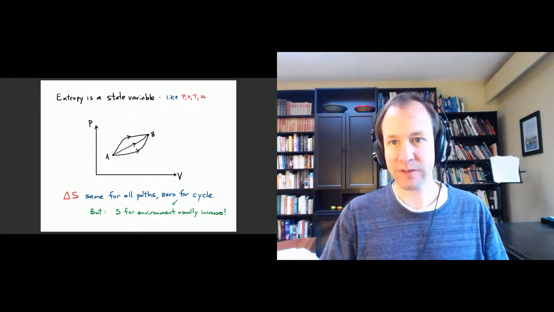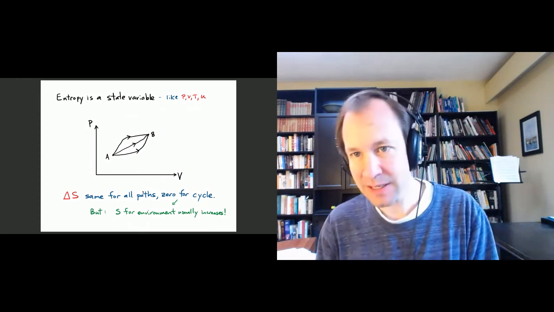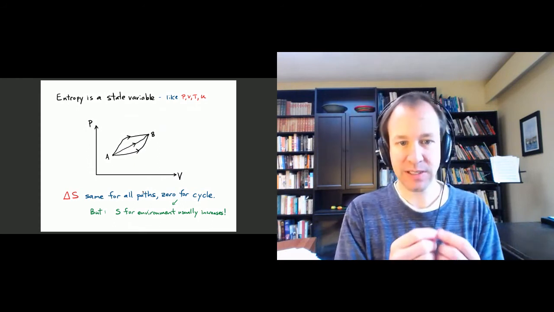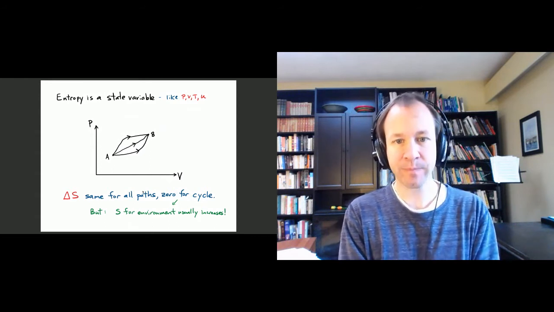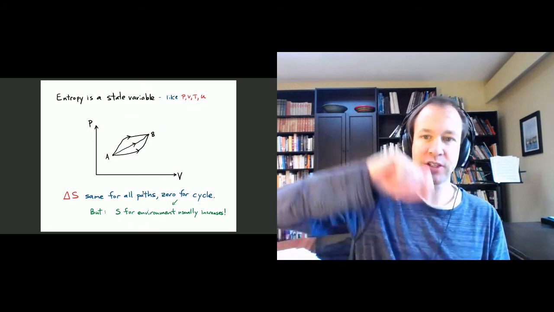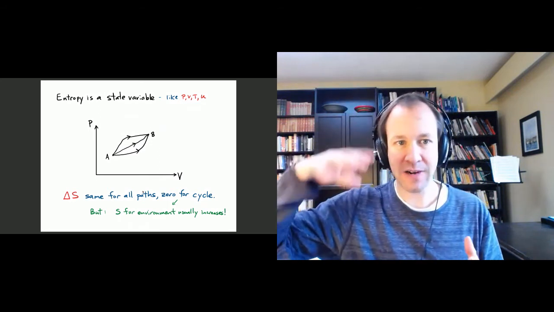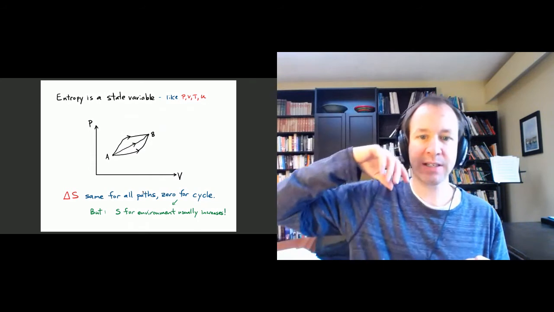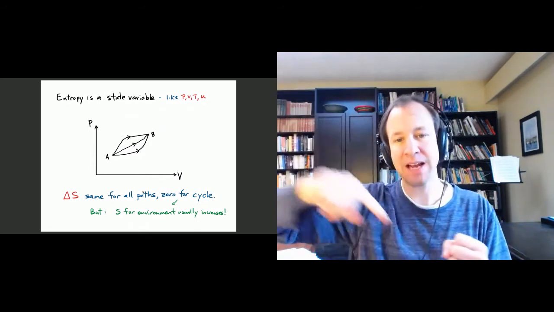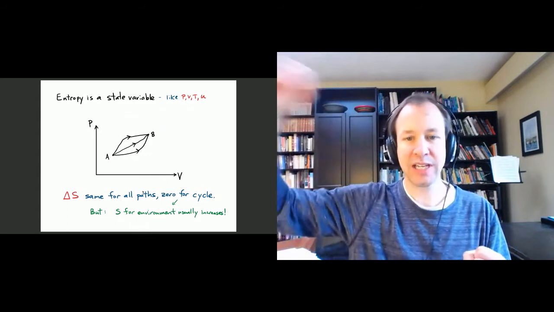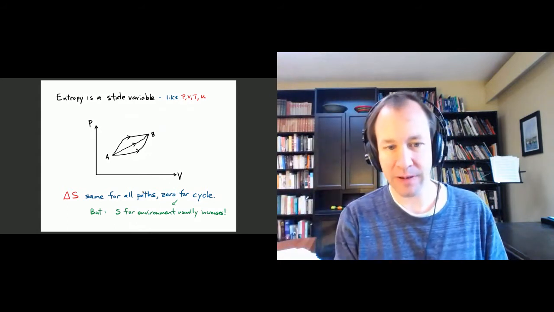entropy, like pressure, volume, temperature, and internal energy, it's something that just depends on the properties of your system at a particular time. In order to figure out the change in the entropy or any other state variable, you just need to know what it is at the end and what it is at the beginning. And it doesn't matter which path you take, the change in the entropy is going to be the same for all of them.